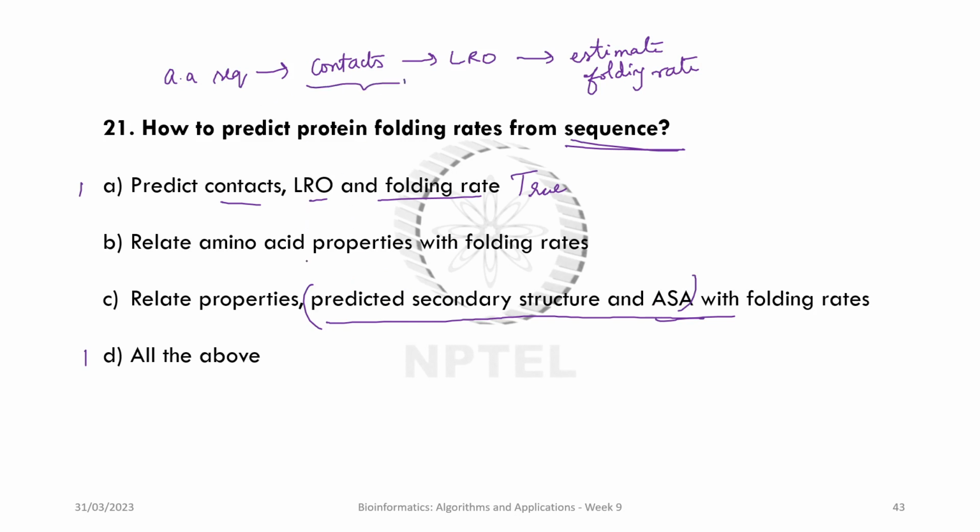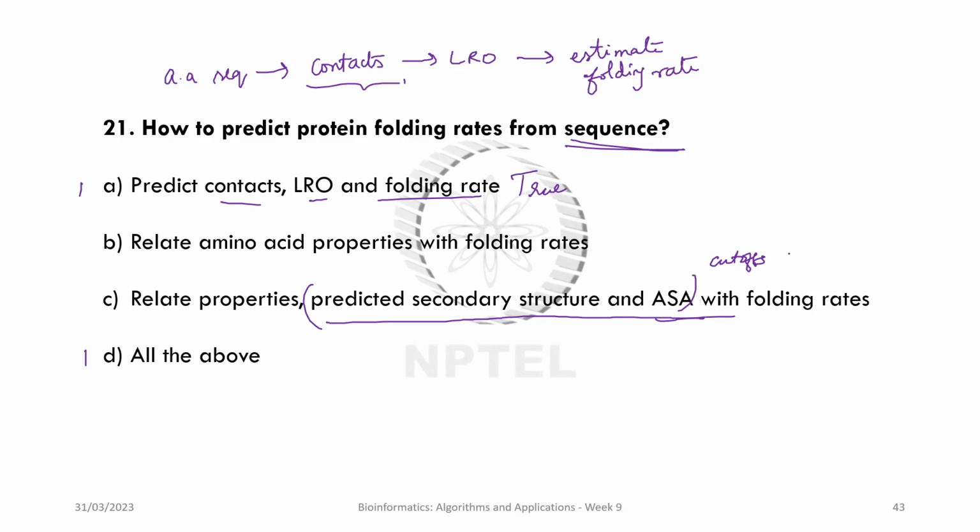process, right? Under predicting contacts, how do you predict contacts from amino acid sequence when you don't have the structure? You will predict the secondary structure first, right? And also accessible surface area, you will set different cutoffs and model and predict the structure based on those models, and then predict the contacts.